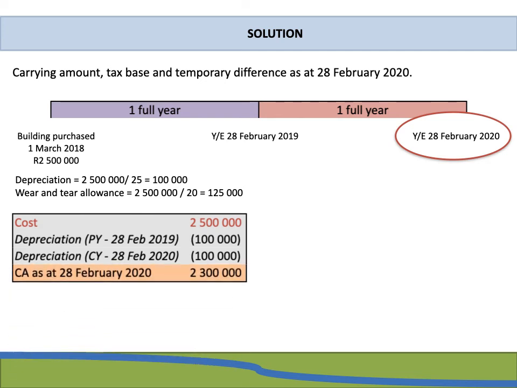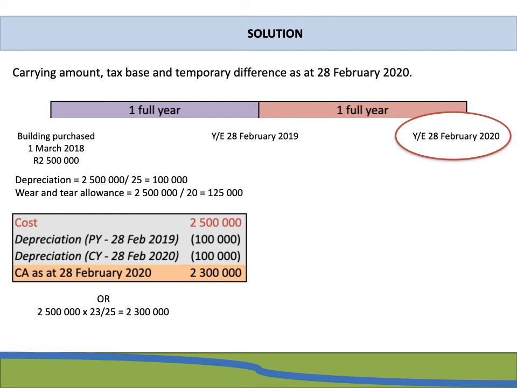If you don't want to follow this whole process because it can get quite long, especially if we're talking about 20 years and 25 years, alternatively, you could calculate this by taking the cost and multiplying it by the number of years remaining. So we know that we've depreciated this asset for 2 years.